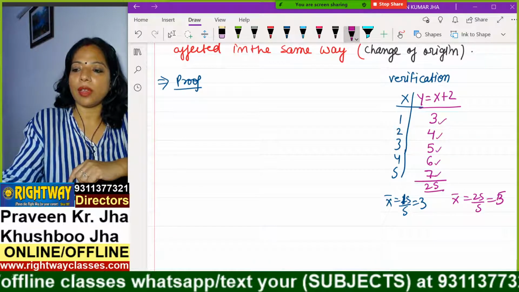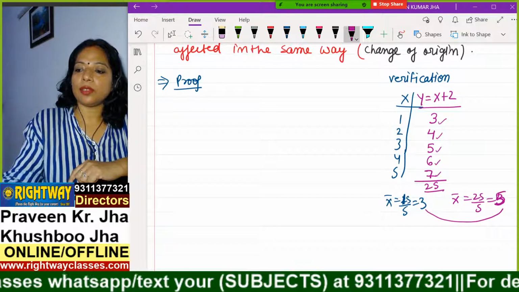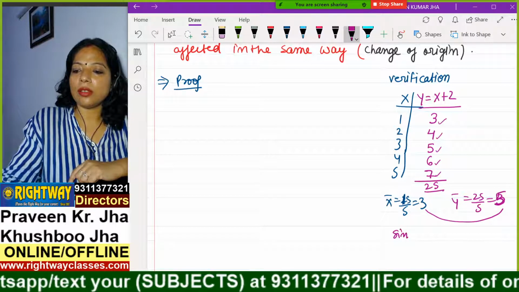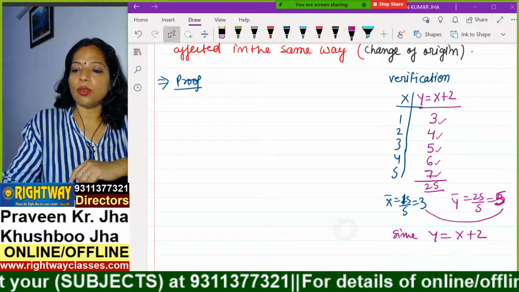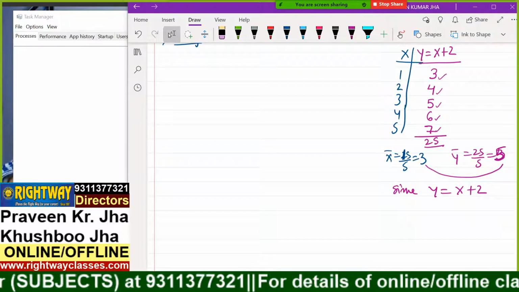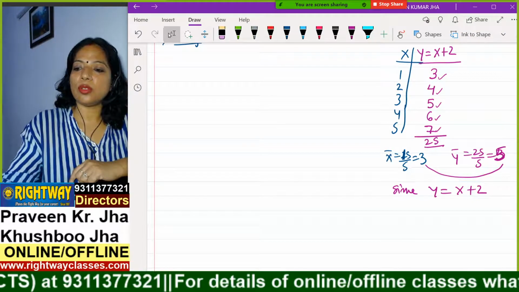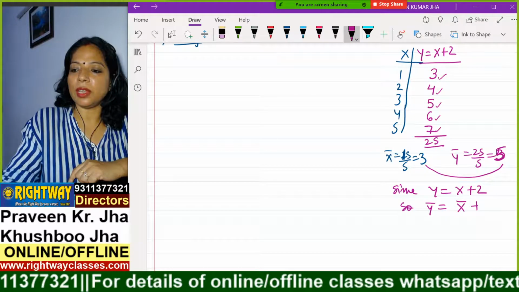So you can just see the relationship if you write it as y mean. Since y was x plus 2, y mean is also x mean plus 2.